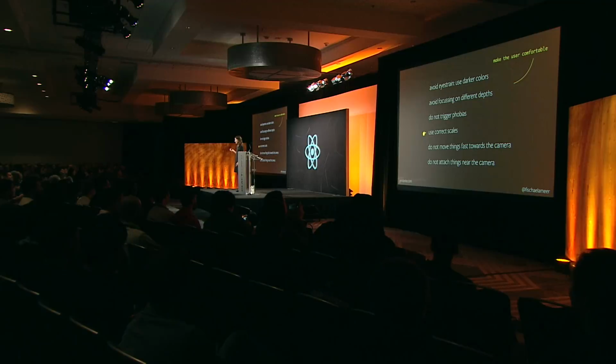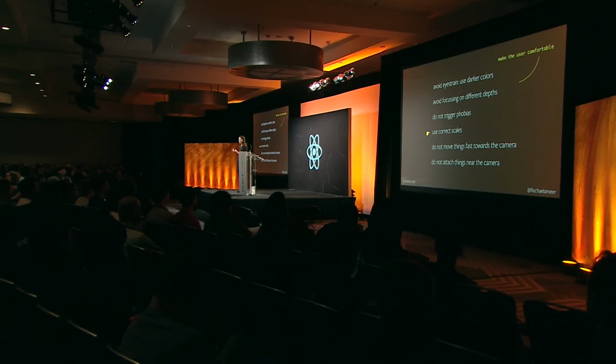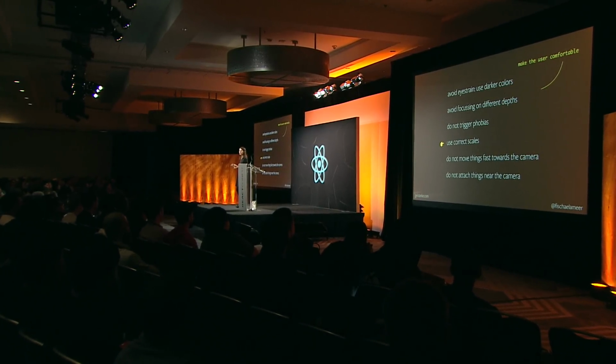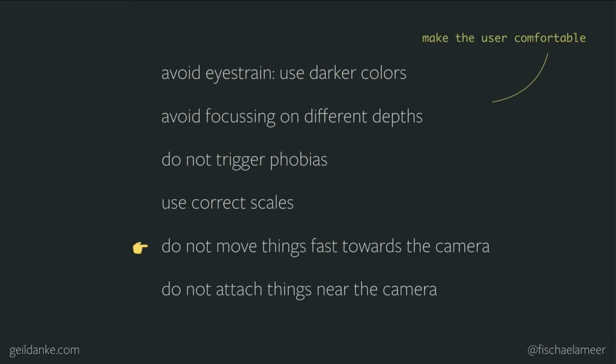We should always use correct scales. And we do not want to move things fast towards the camera, especially sharp or dangerous or gross things, I guess. We also do not want to attach things near or directly to the camera.